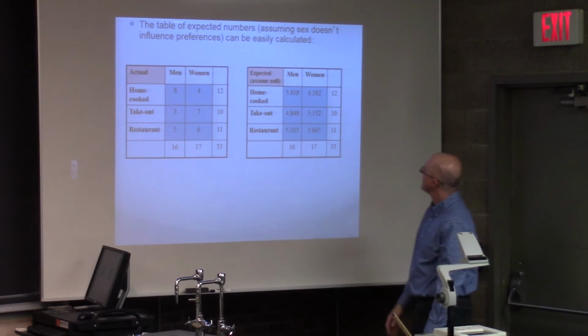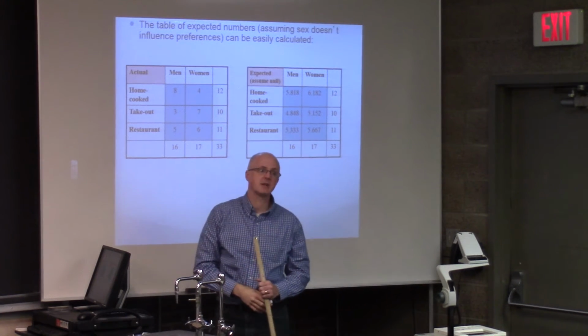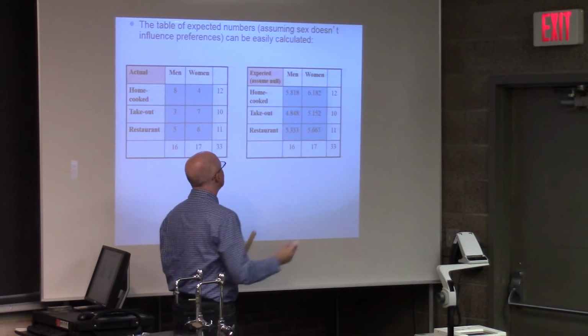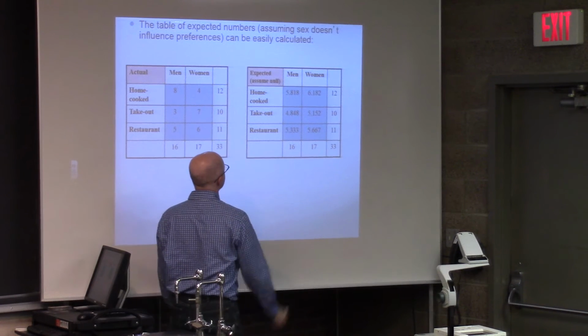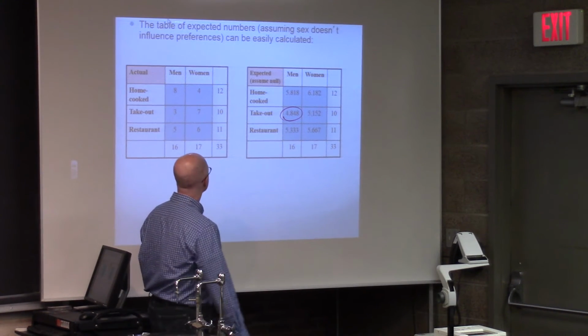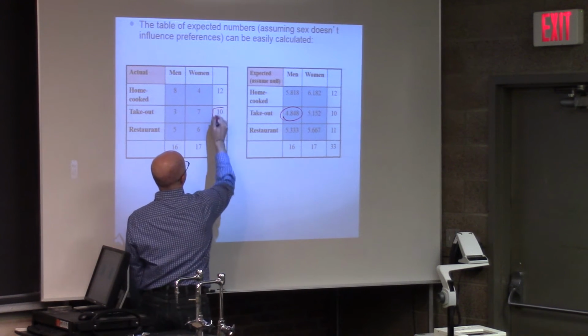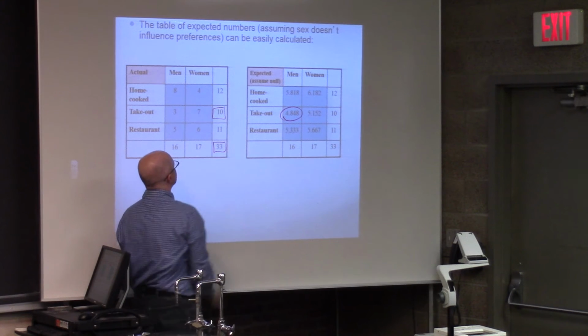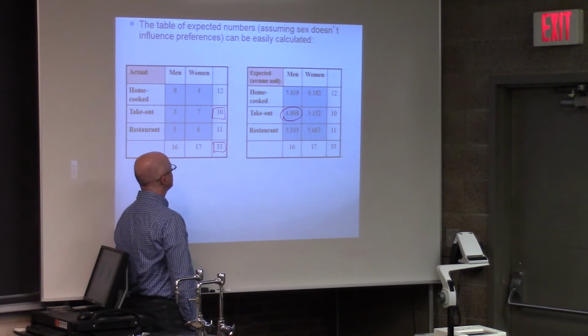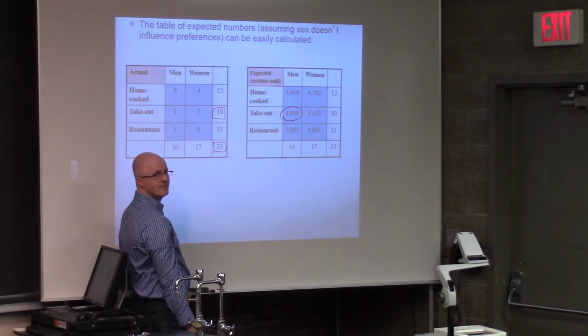etc. All these numbers in this expected table can be computed in the same way that I showed you in the last slide. For example, if we want to compute this one right here, 4.848, you can try this with your calculator. The overall proportion of males and females combined who prefer to eat takeout is 10 out of 33.